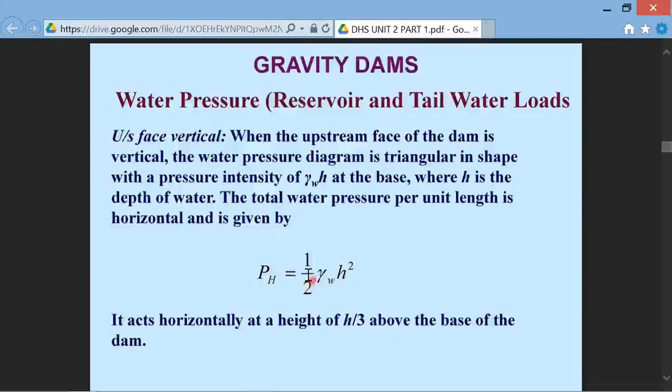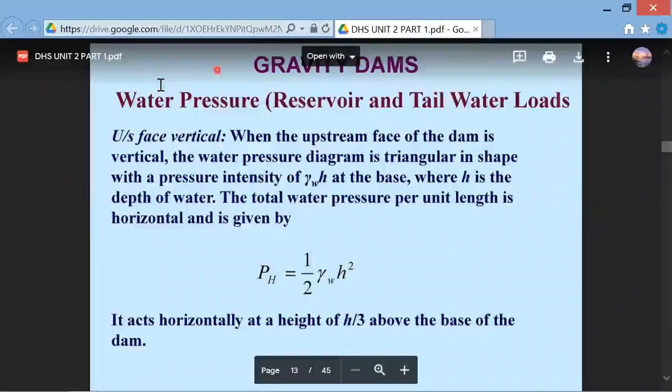So this formula is important for us as far as the numericals are concerned. Half into gamma W into H square. So this will give you the total water pressure per unit length. So remember this thing, the total water pressure per unit length is given.